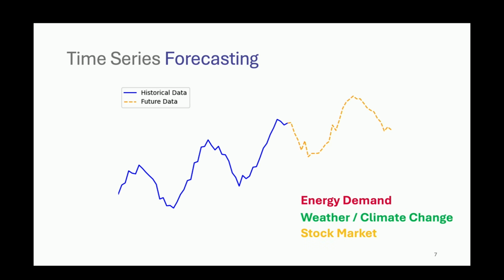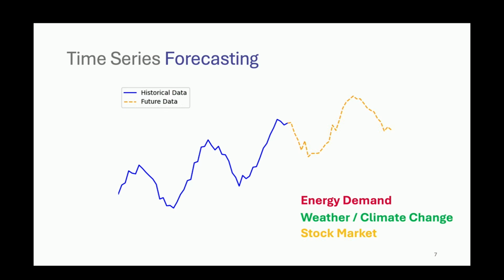Time series forecasting is used in so many different places. One of the most common may be energy demand forecasting, or weather forecasting, like forecasting of temperature and humidity, that we use in our everyday life. And stock market forecasting, maybe we are also interested in how the finances are going, how the stock is going.